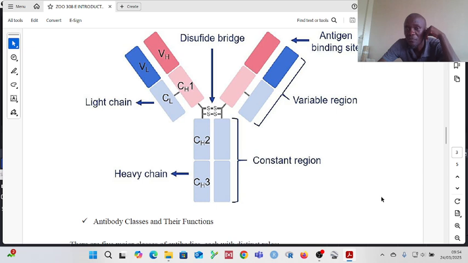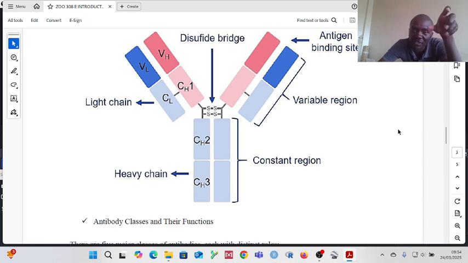So it is Y-shaped. There is a constant region. There is also a heavy chain. Then there is a variable region. The variable region is at the tip of the Y shape. Then at the end of that variable region, that is where the antigen binds.